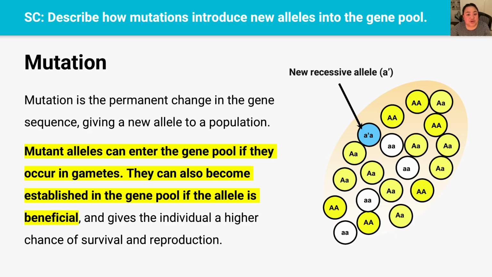If a mutation occurs in the gametes, then that mutation will enter the gene pool and become subject to environmental selection pressures during the process of natural selection. Mutations actually occur very frequently, and most mutations have little to no effect. Some mutations are harmful, and very rarely a mutation produces a new allele that's beneficial.